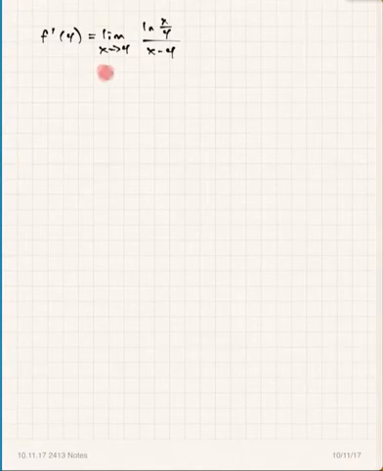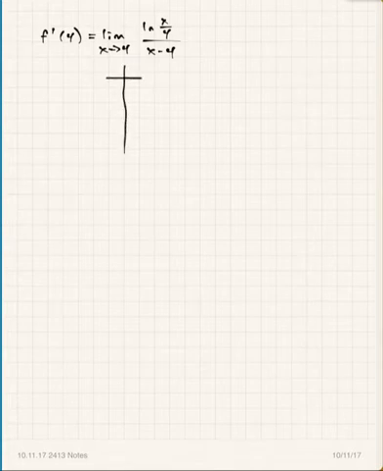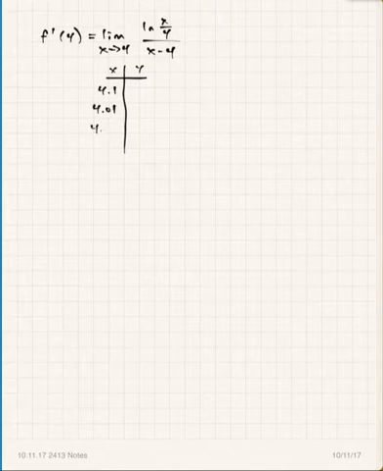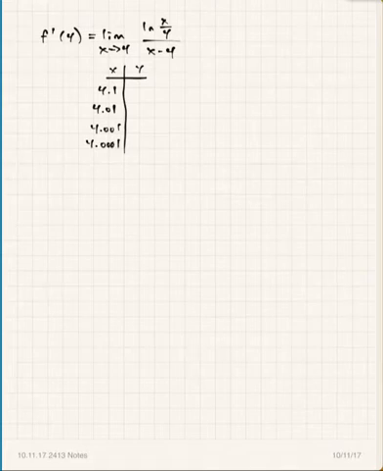All right, so in our chart, here's x, here's y, and we'd have x is 4.1, 4.01, 4.001, 4.0001. And it would be good for you to look at these kinds of things in your calculator yourself and explore this on your own also.